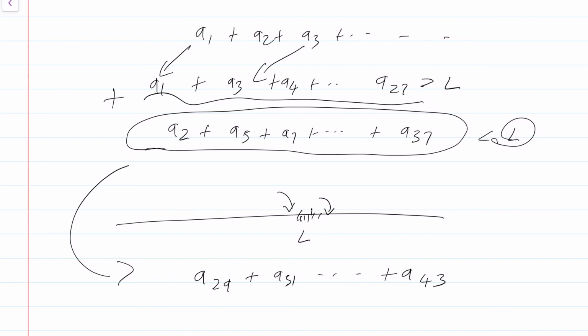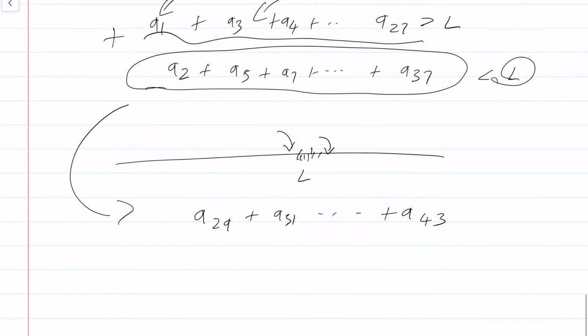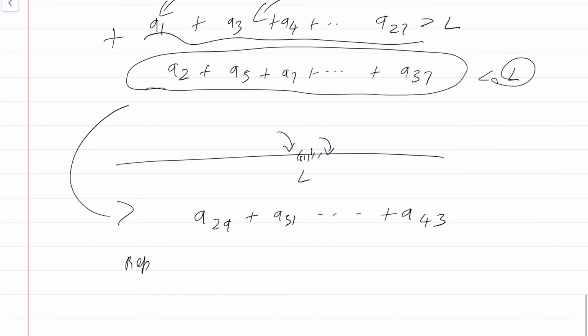Now repeat this process. Keep adding positive terms till you just cross L, then keep adding negative terms till you just cross L again from the other side. Then you're just ping-ponging between the left side of L and the right side of L. Okay? Repeat this process till the series is exhausted.